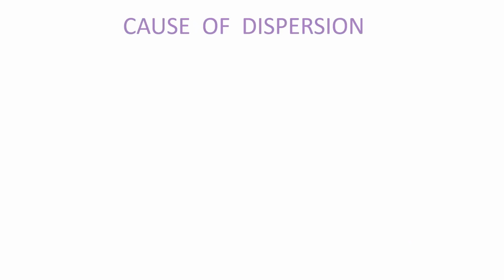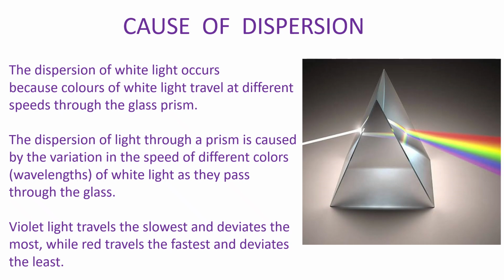Now let us learn about the cause of dispersion. The speed of all these colors that we obtain while dispersion of light is the same in vacuum or air, but it is different in a transparent medium such as glass or water. Therefore, the speed of violet is minimum and the speed of red light is always maximum.